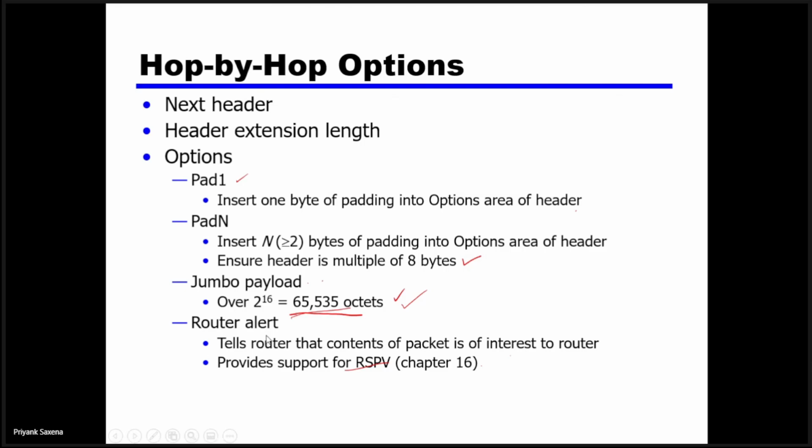And router alert is basically used for setting reservation. I told you how a reservation is made by a protocol named RSVP. This basically helps in making reservations at the different routers coming in the path. So that is RSVP. So this is hop by hop options.